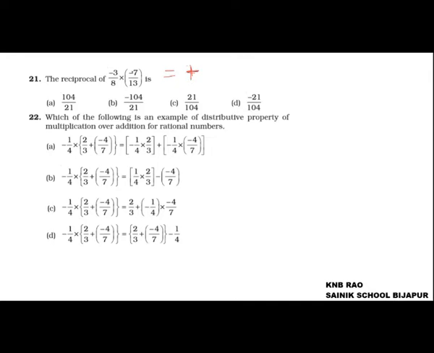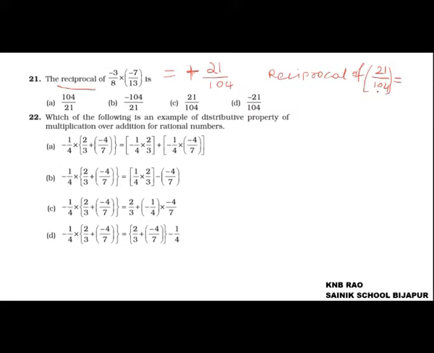Next, 7 3s are 21 upon 8 13s are 104. Now we are asked to find the reciprocal of this one. The reciprocal of a positive number will be again positive.